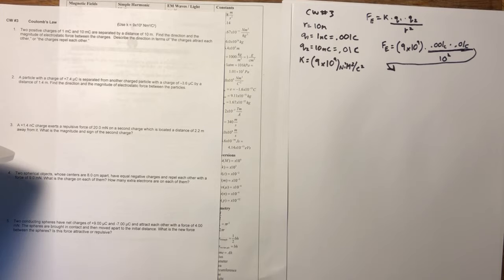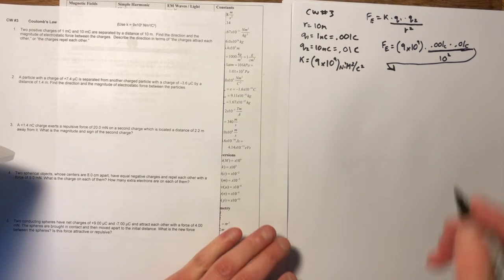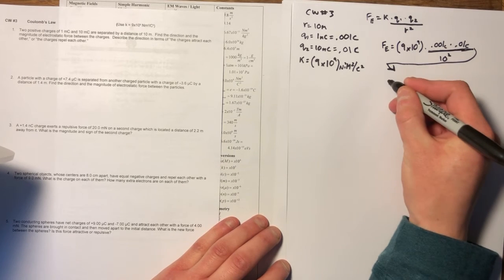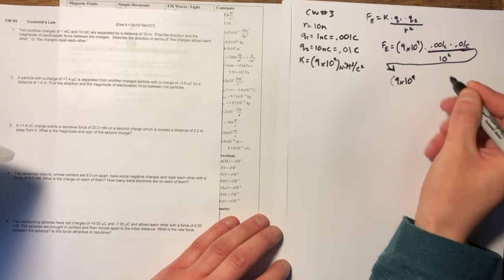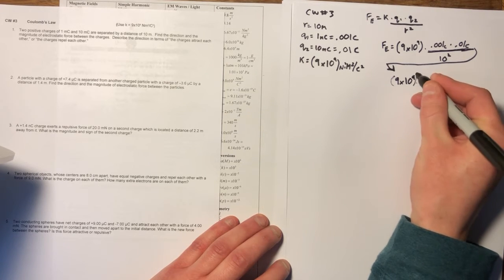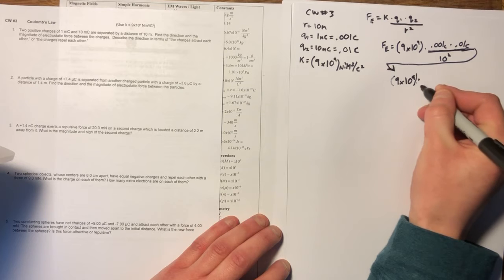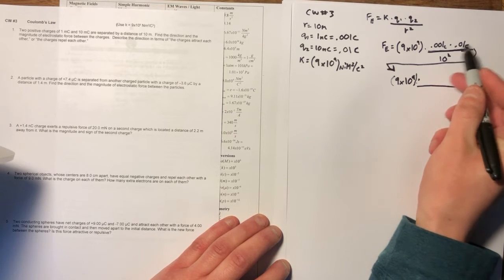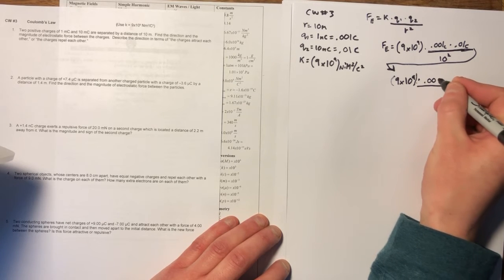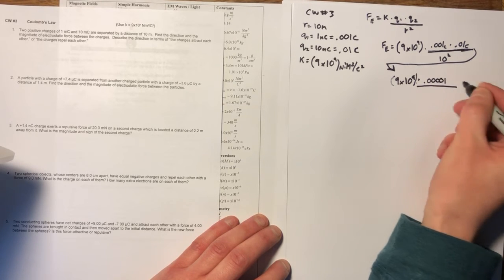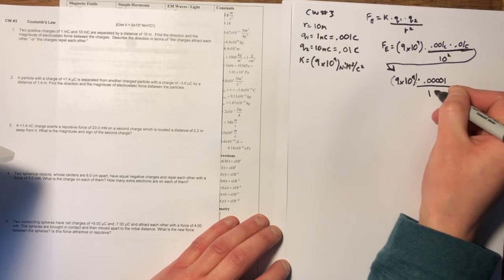So let's do 0.001 times 0.01. And then 10 squared is 100. So I'm just going to rewrite this as 9 times 10 to the 9th times what this would be. So this up here is going to come out to 0.00001 coulombs. This is going to come out to 100.